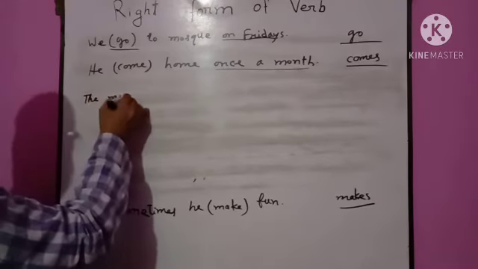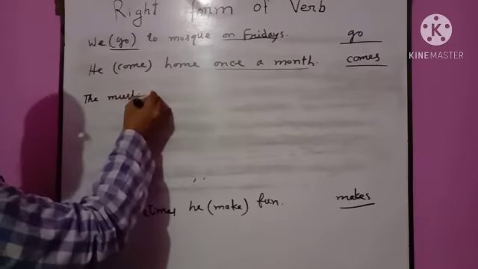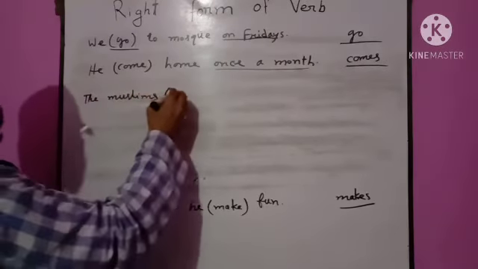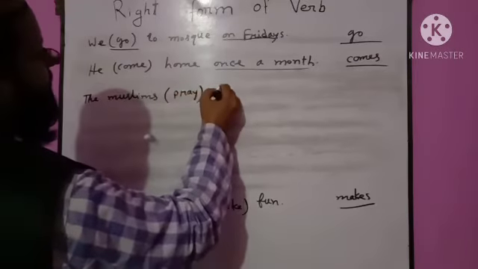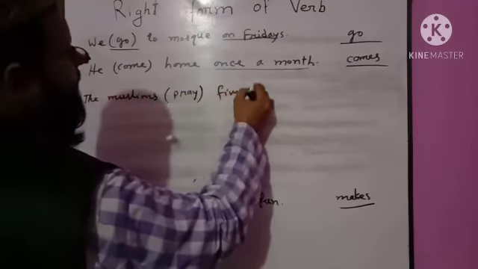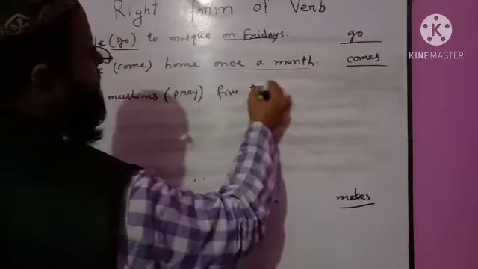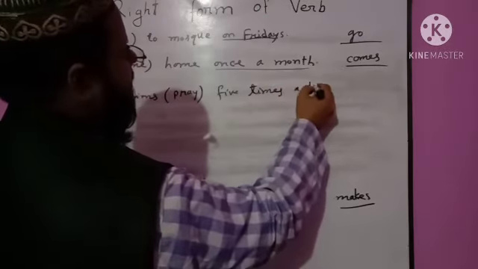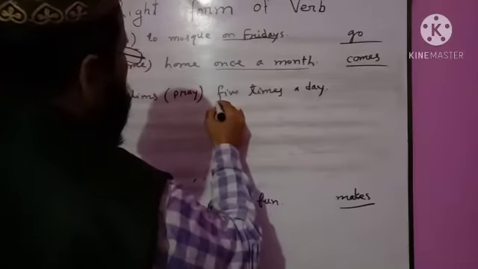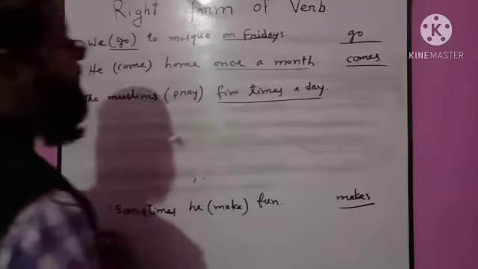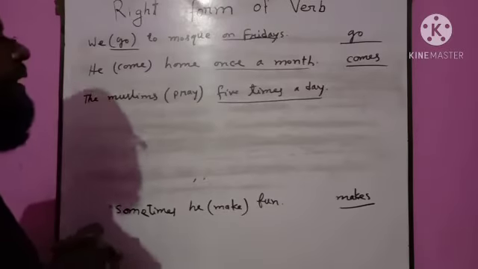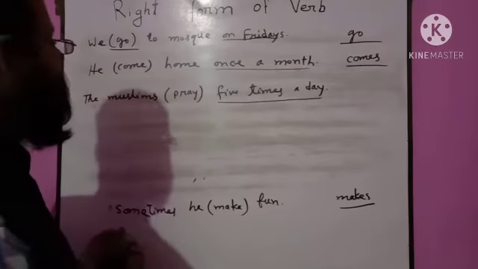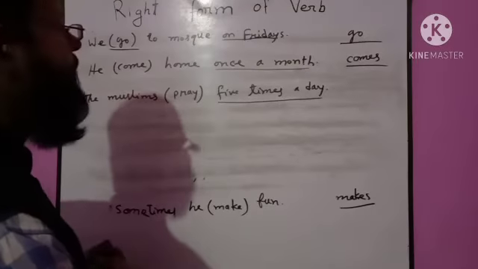The Muslims, in bracket, pray five times a day. Five times in every day, so it is regular time.